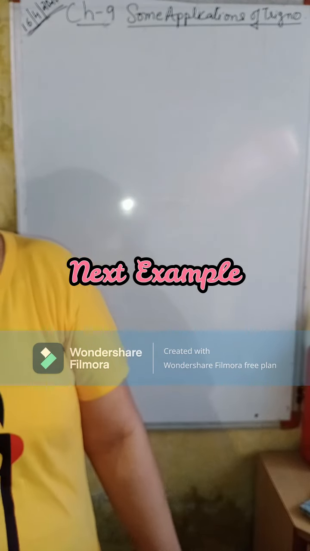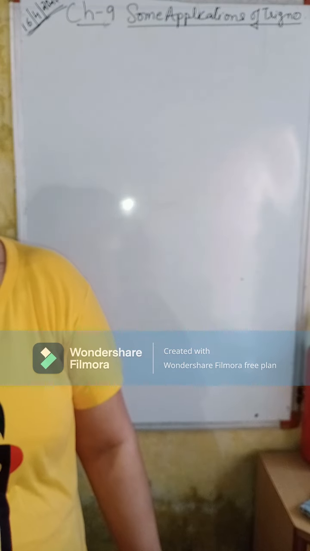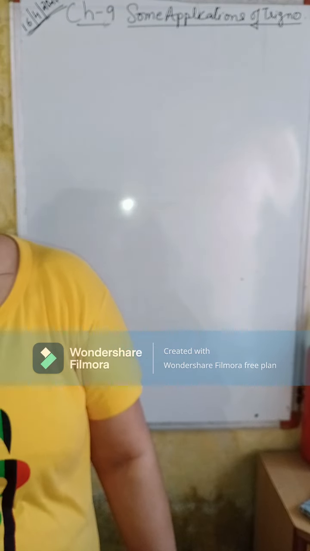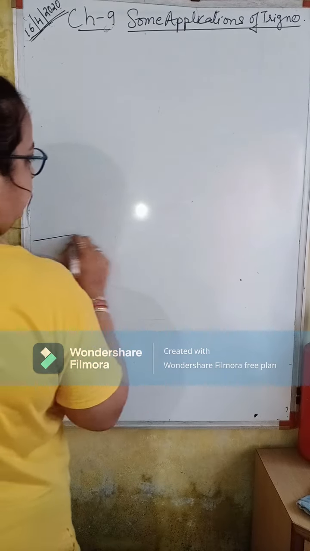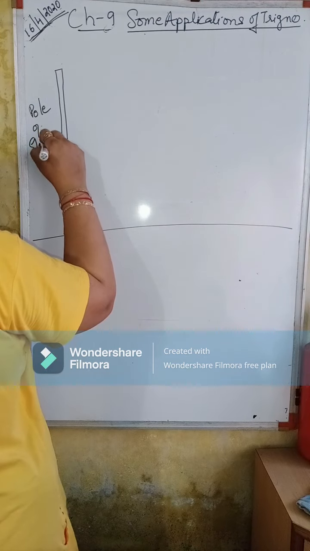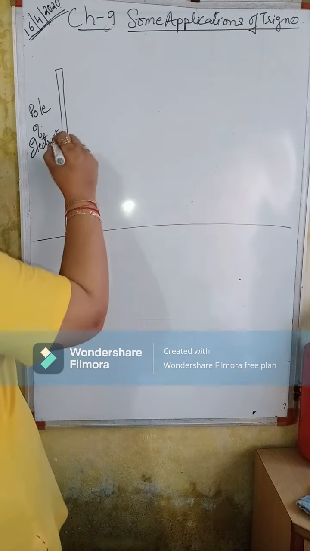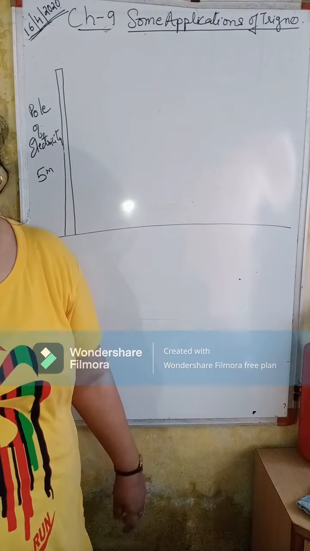Pay attention. An electrician has to repair an electric fault on a pole of height 5 meter. Okay, I am having the pole. This is the ground and this is the pole of electricity. Okay, and it is 5 meter. Height of the pole is 5 meters.